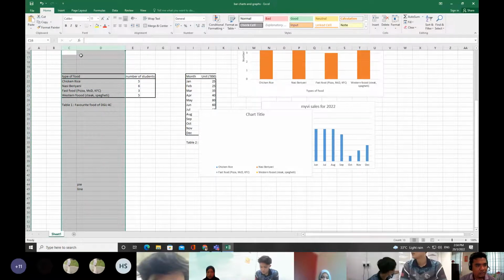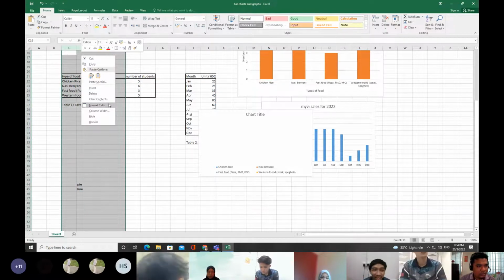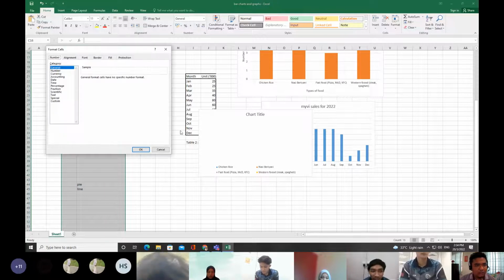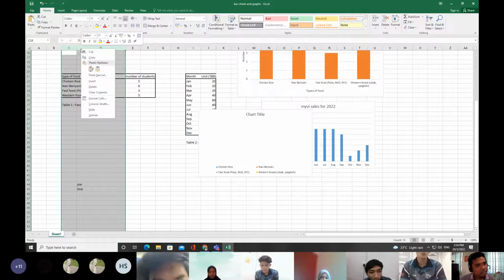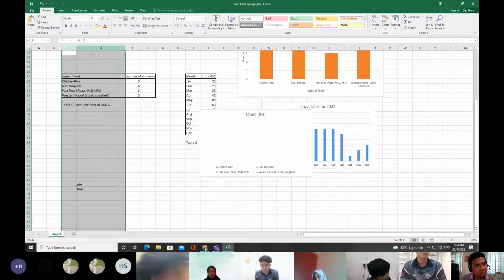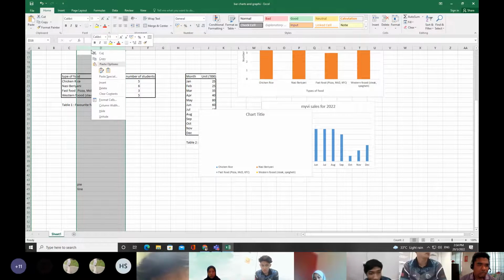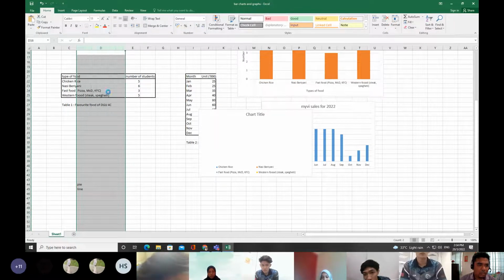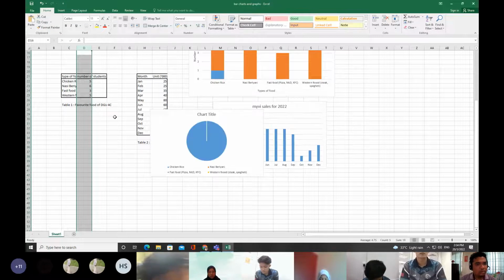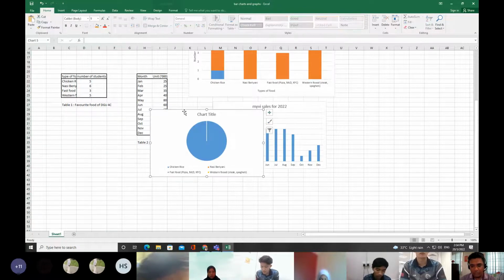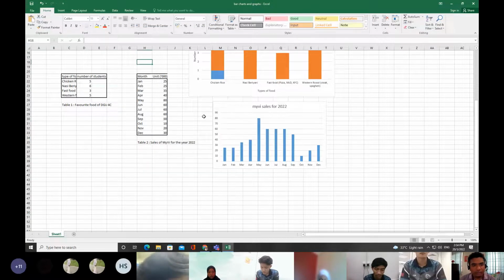Give me a second here. How do I merge these 2 columns? I think I did something wrong with this one. Give me a second here.